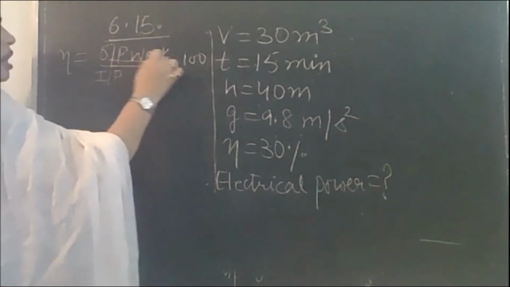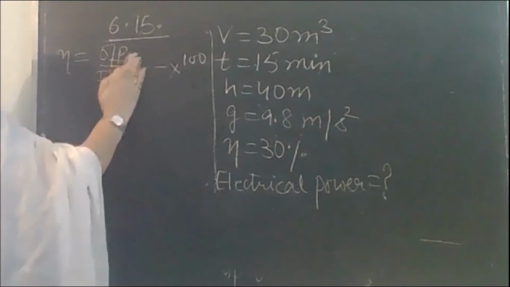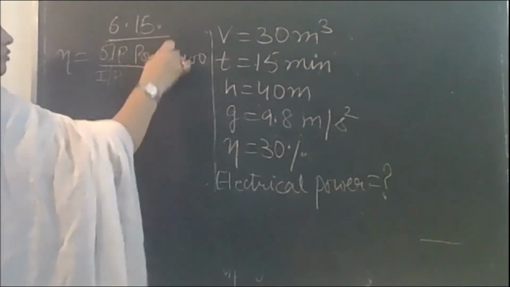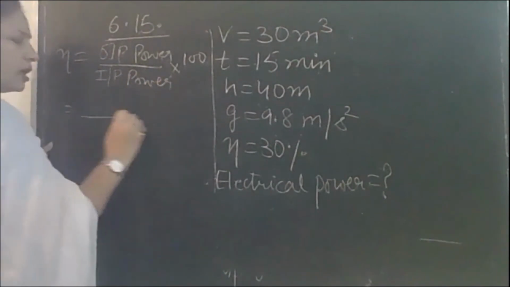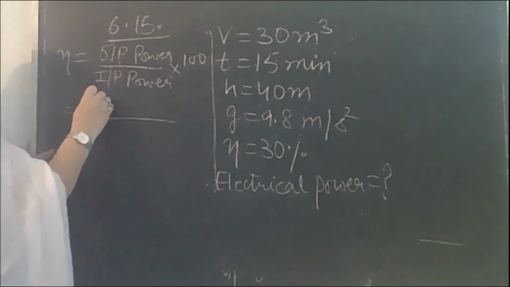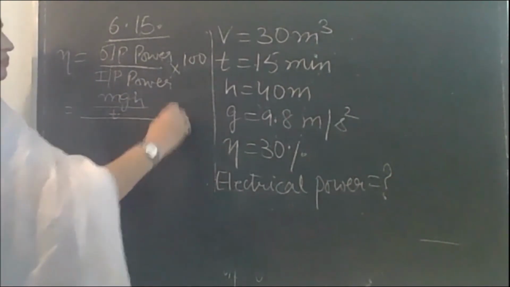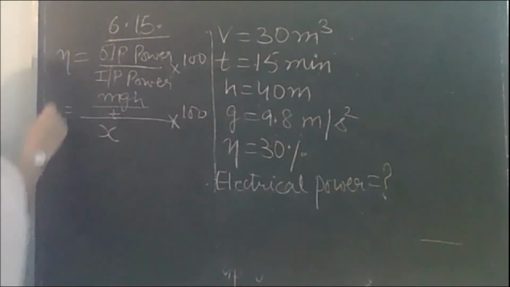Power is work over time, so output work over time. Or you can first write simply, efficiency is output power over input power into 100. Then in the next step you can make it clear. Output power is output work over time into 100, and input power is what we have to find.